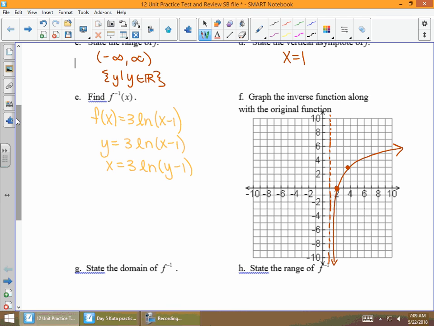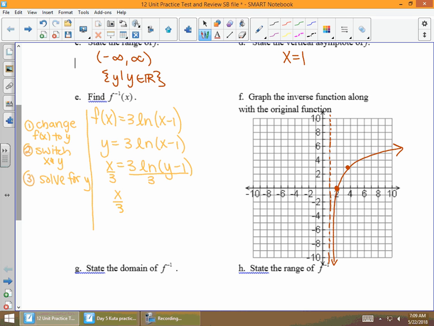And solve for y. The tricky thing about solving for y here is that we need to get rid of that ln. So the first thing, I need to get the ln all by itself. So I'm going to divide both sides by 3. That's not bad at all.